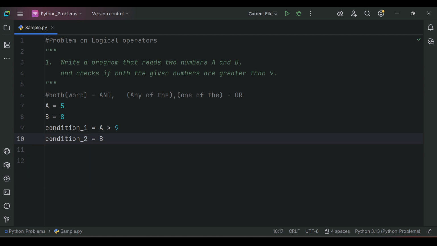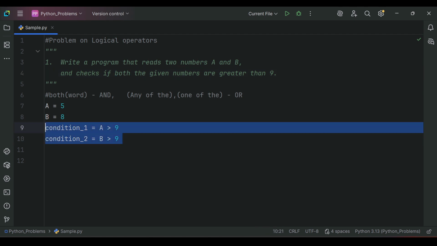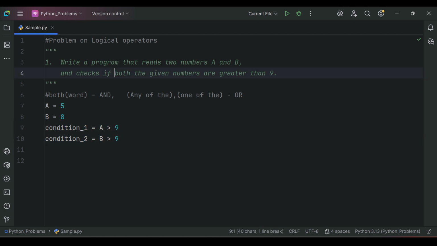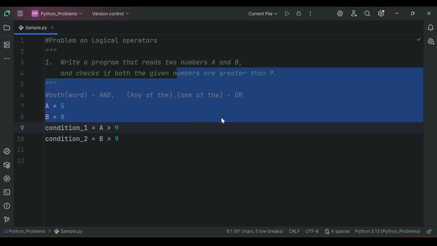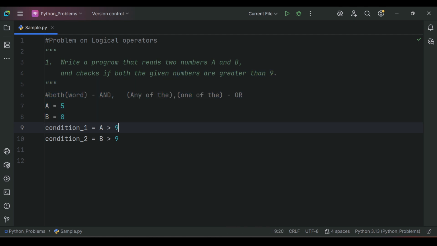Here the word both is applicable for these two conditions. Both the numbers means both the conditions: a is greater than 9 and b is greater than 9.